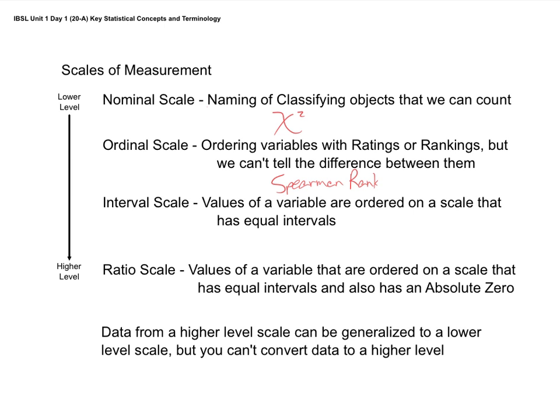The deal with the ordinal is it's not the actual scores they're getting, it's the order that the judges would be placing them as far as first, second, third, fourth, fifth. Okay? So you might have one judge who ranks certain people 5, 3, 2, 4, 1, and the other judge has 5, 2, 3, 4, 1. Okay?